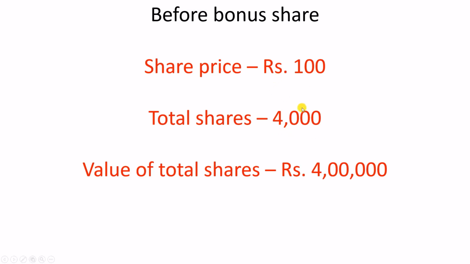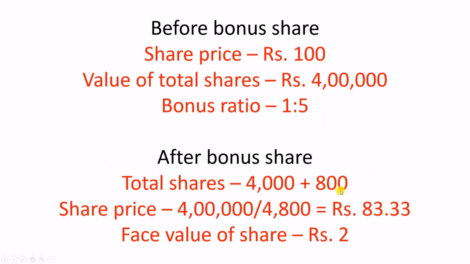Share price was 100, total shares were 4,000. 4,000 into 100 was 4 lakh rupees. Value of total shares was 4 lakh rupees. That means if you wanted to buy all 4,000 shares, you had to pay 4 lakh rupees. Now, that is before.